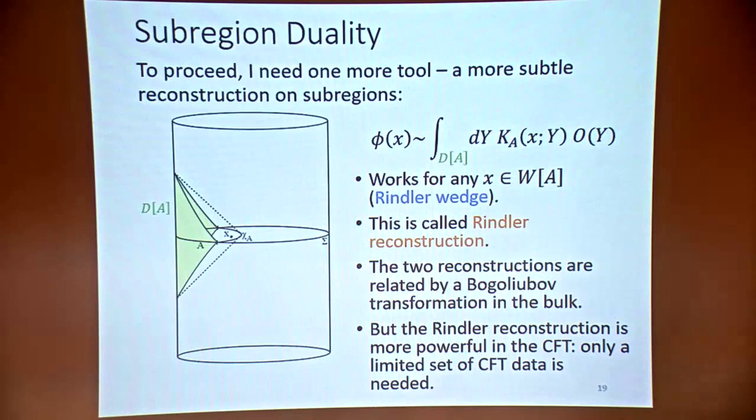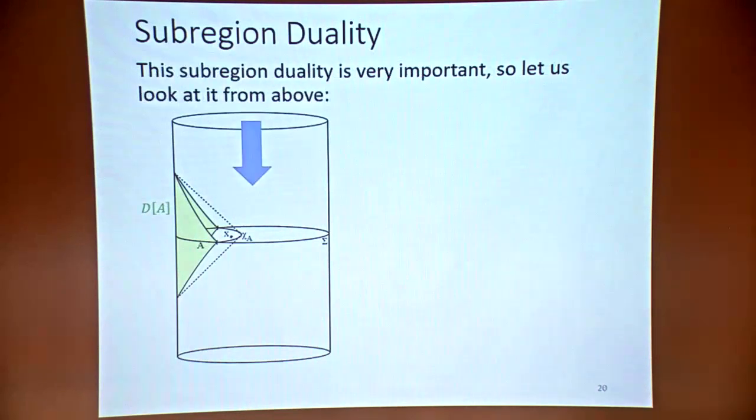We just need to know the reduced density matrix of the CFT on the subregion. So only a limited set of data is needed for using this kind of Rindler reconstruction. This is quite important. So let me also demonstrate what's happening if we look at this from above.